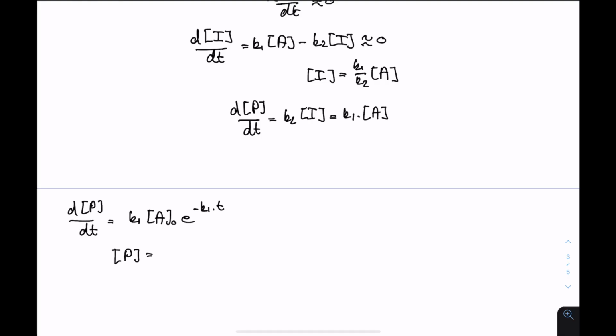P will be K1 times A0 integral from 0 to time t of e to the minus K1 t dt, which is 1 minus e to the minus K1 t times A0.